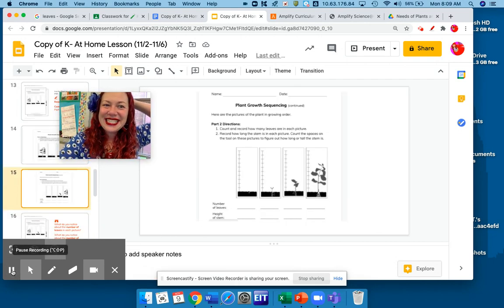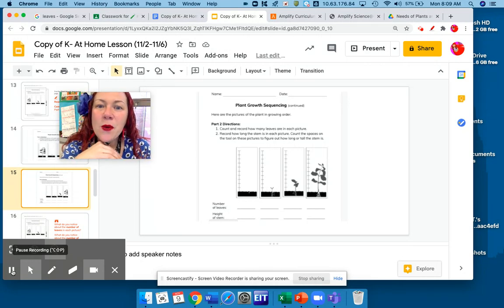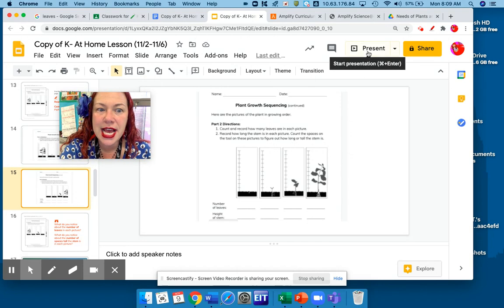Hi, scientists. I know you finished writing a 1, 2, 3, and 4 at the picture that shows the plant's growth sequence. Okay, now I want to explain the second page of your activity. Are you ready? I'm going to make this page nice and large so we can really look at it.